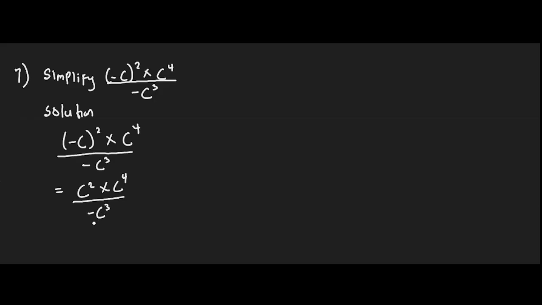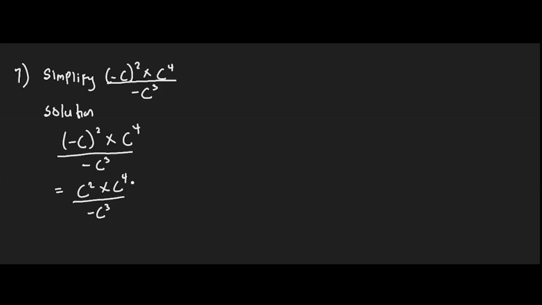Now, in this case, we have a numerator and a denominator. If you check the denominator, this minus c is not affected by this power. This minus is separate from this power. This power 3 is only for this c, not for this minus. Good.